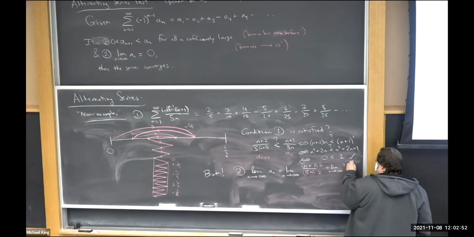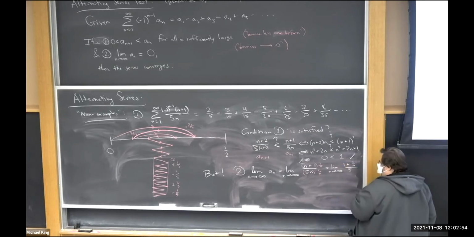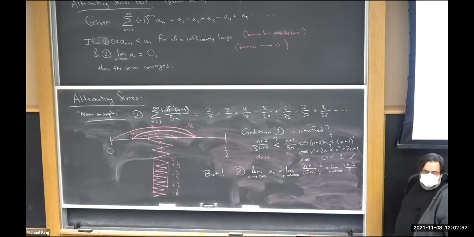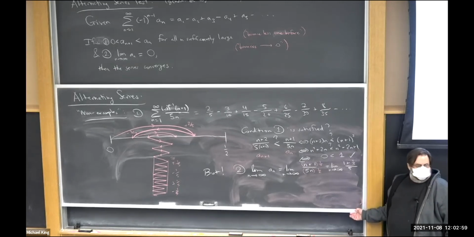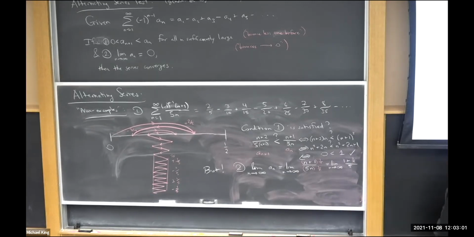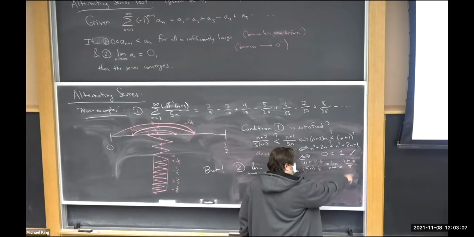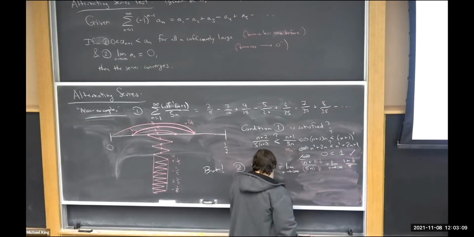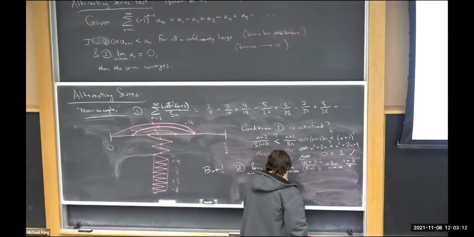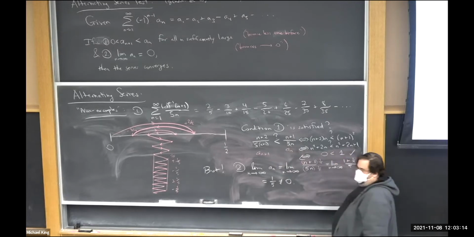So you get (1 plus 1 over n) over 5. That's how I like to resolve those kinds of limits. Because now I've stuck the n in this denominator, so that goes to 0. So that equals 1/5, which is not 0. So the series has to diverge.